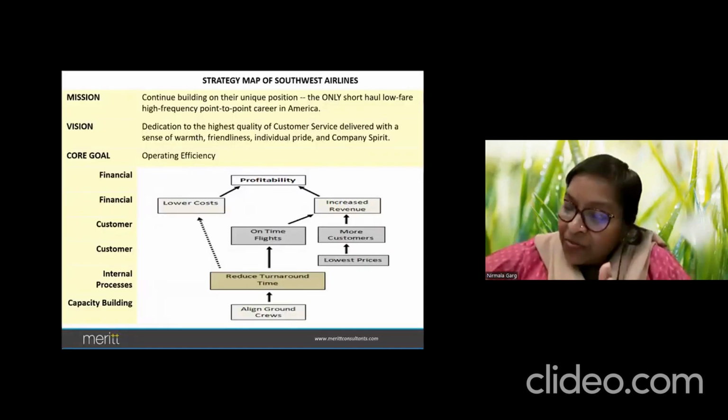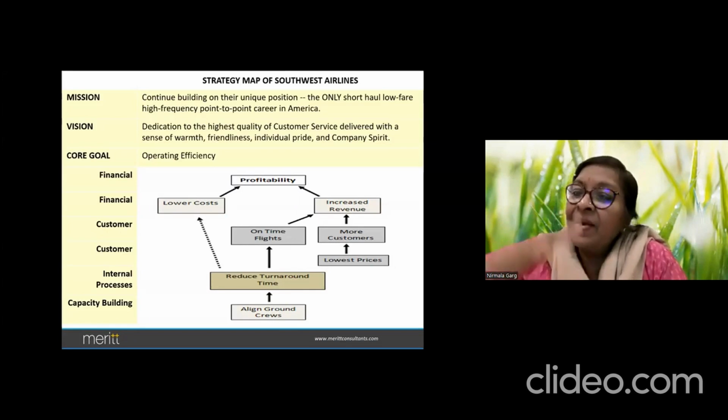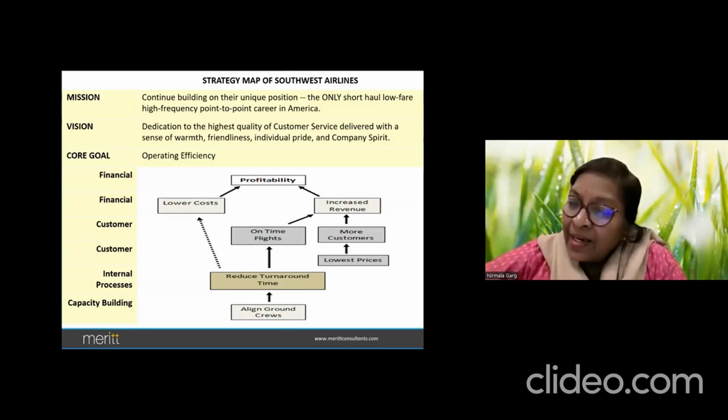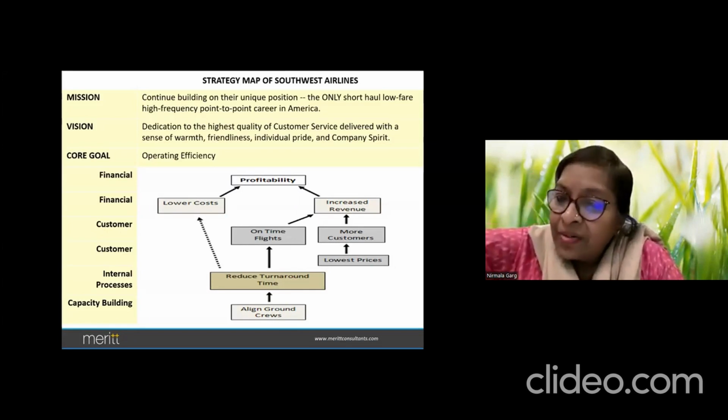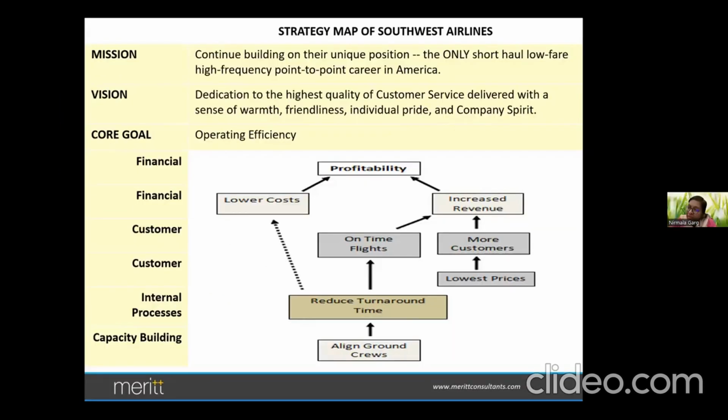Turnaround time. You have to specify how much time the flight should take to arrive and then depart. The more the number of flights, the more the money, because passengers will be flying and you'll get more money. Now, in reducing the turnaround time, have you noticed what happens in Indigo?